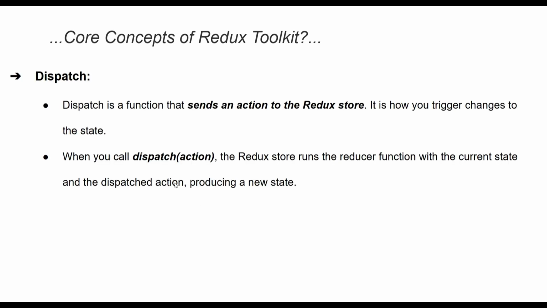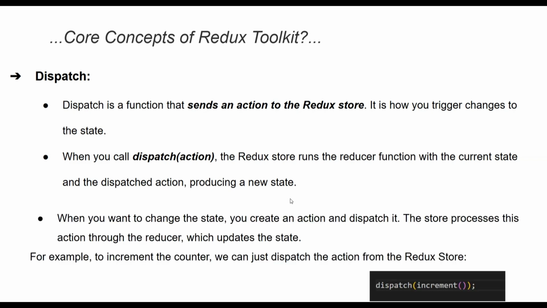Another concept to look at is dispatch. Dispatch is a function that sends an action to the Redux store. It is how you trigger changes to the state. When you call dispatch and include the action, the Redux store runs the reducer function with the current state and the dispatched action to produce a new state.